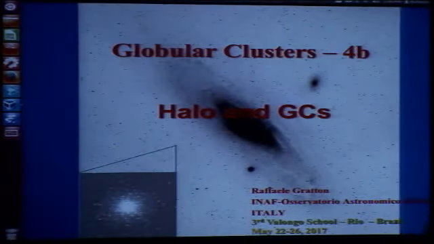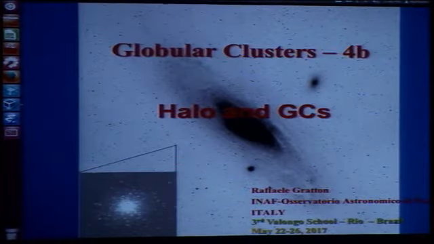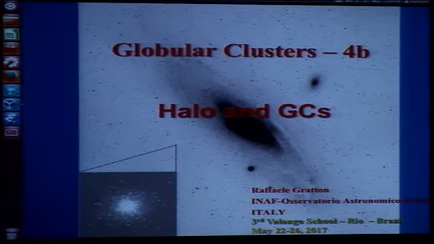Okay, this is the first part of my talk. On the whole, we think that we have understood most of the horizontal branch. There are at least three basic parameters: metallicity, age, and the effect due to the multiple populations that should be taken into account.